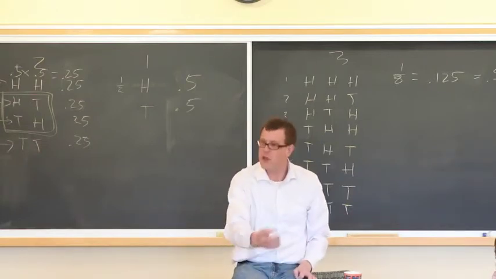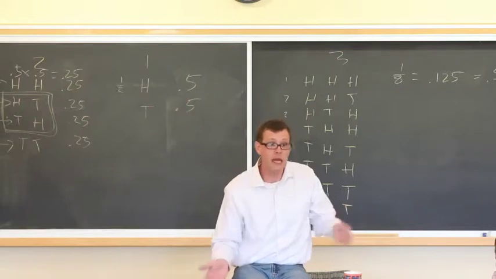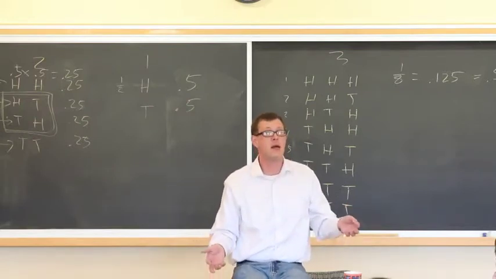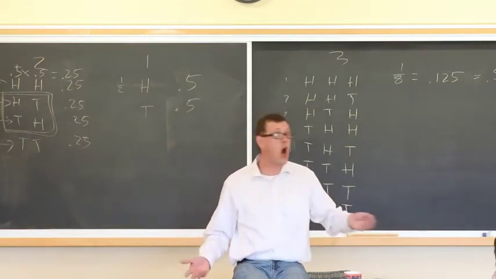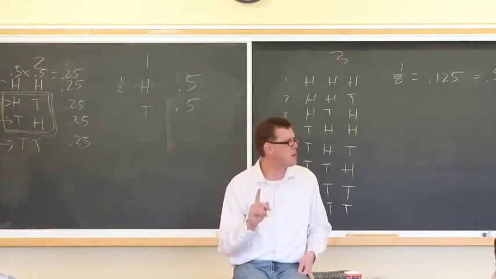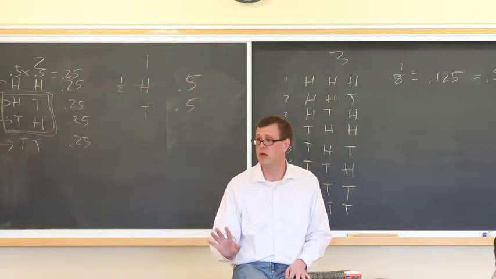However, for any one flip of 100 coins, I might not get 50. What might I get? 49, 48, 100. Highly improbable, but possible, right?